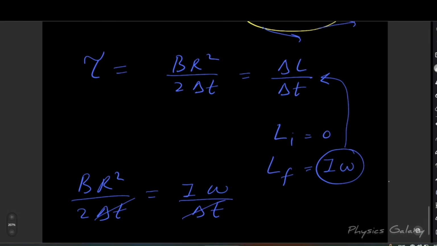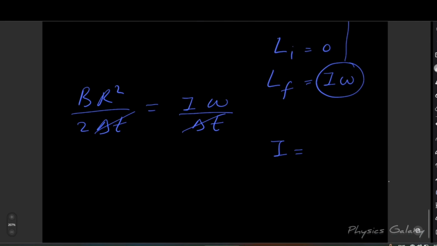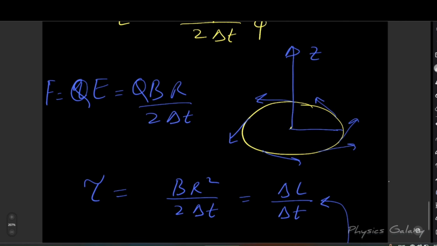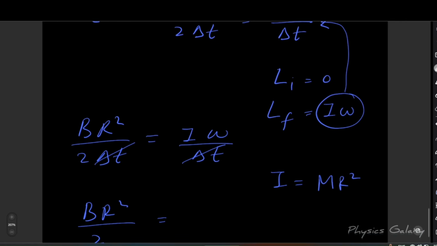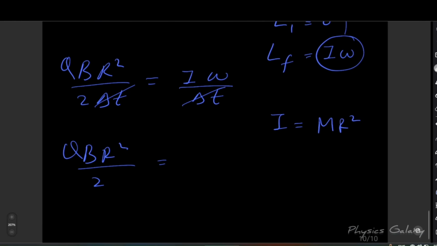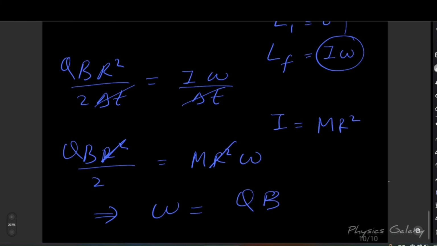So delta t cancels out, and we know for a simple loop I equals m r square. So we have Q B r square by 2 equals m r square times omega. So r square cancels out. So finally, omega with which this loop will rotate will be equal to Q B by 2m.